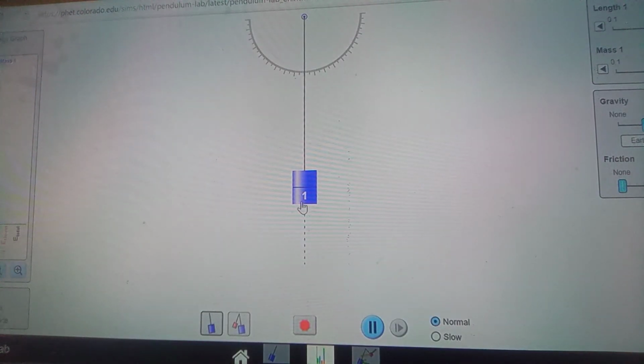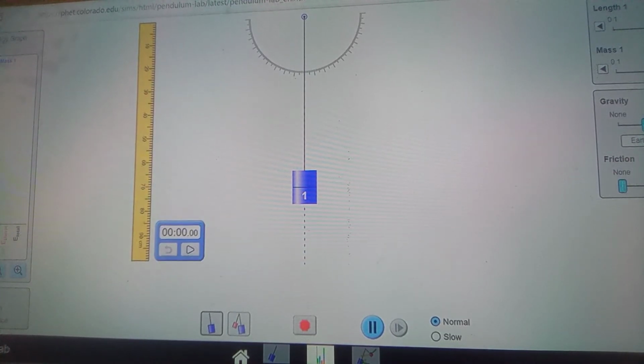For this experiment, as we said, we need a thread or a string. We need a metallic bulb, but also, we shall need a ruler and a stopwatch, as we said.